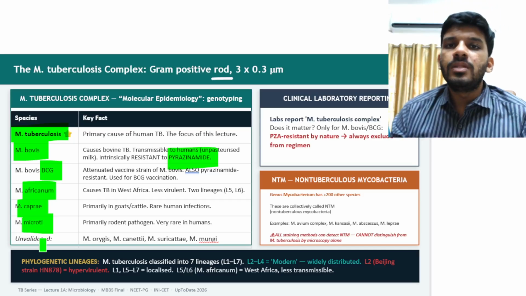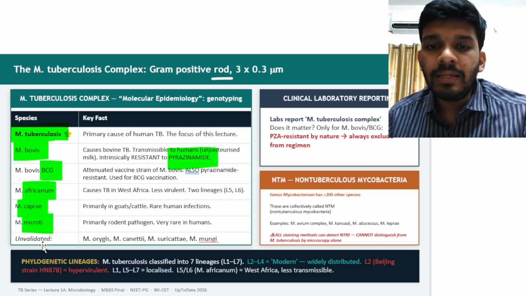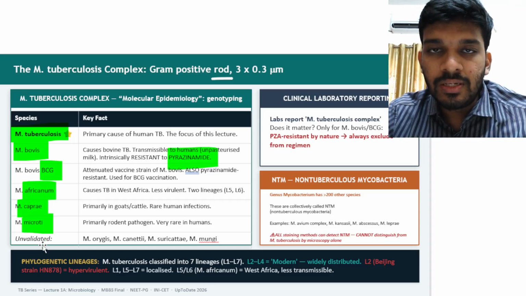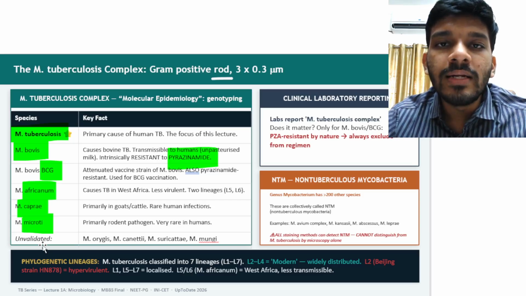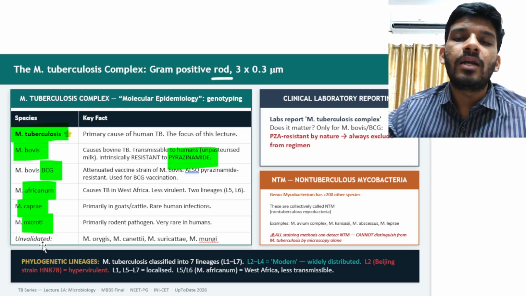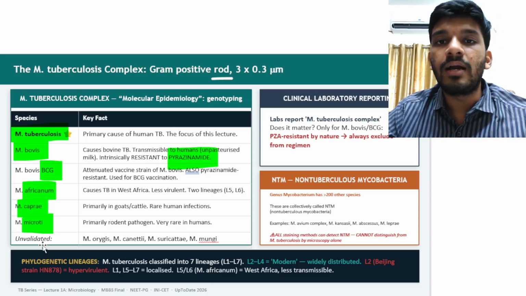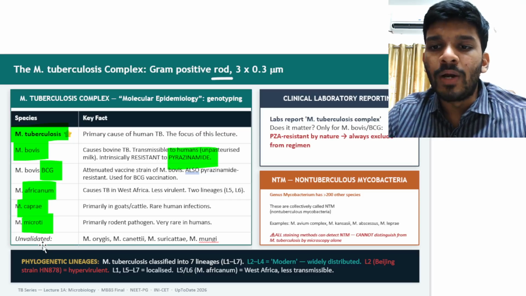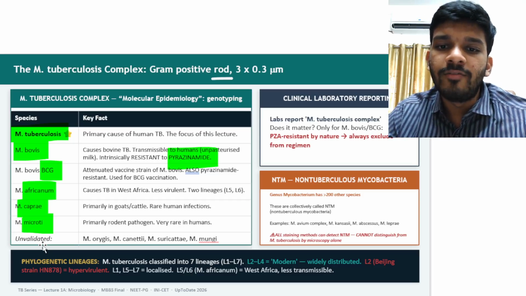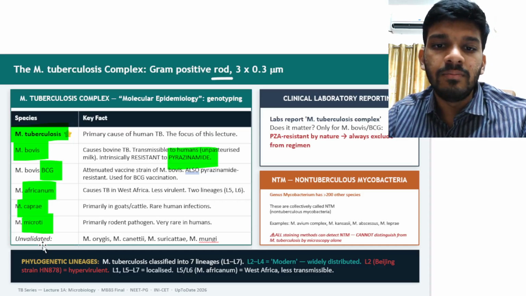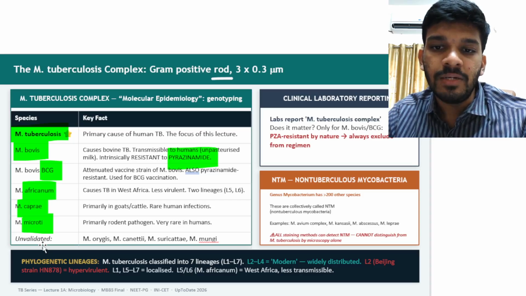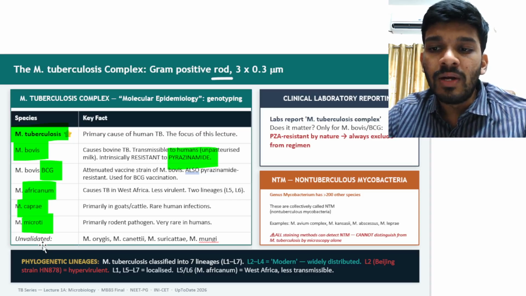Other thing, when we started doing this molecular epidemiology genotyping, we saw certain lineages. We labeled these lineages from L1 to L7, and the modern lineages that you see that are causing tuberculosis infection currently are from L2 to L4. L2, L3 and L4 are the modern widely distributed ones, and particularly the L2 variant, which is seen more commonly, which was first seen from Beijing, is a very, very virulent strain.